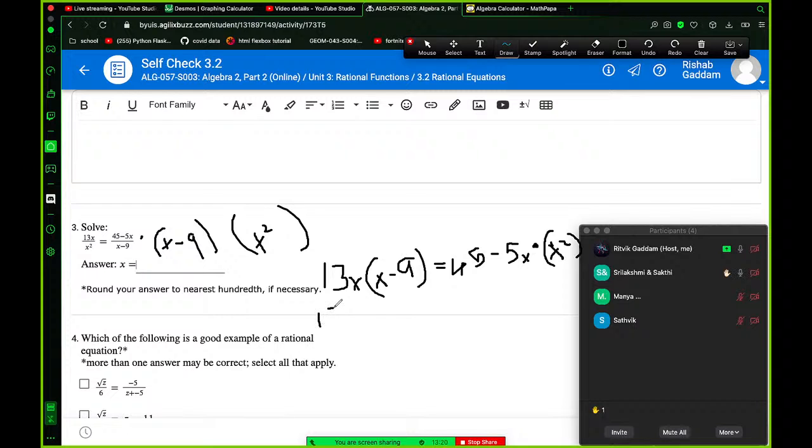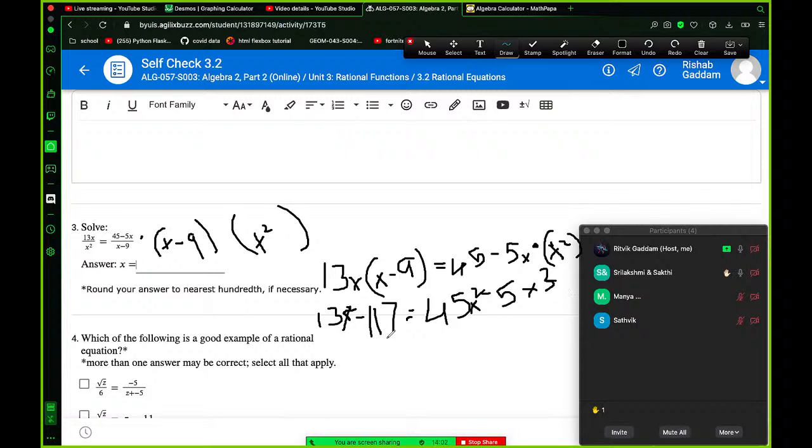And minus 13 times 9 would get me 117, which equals 45x squared minus 5x cubed. Yeah. Okay.